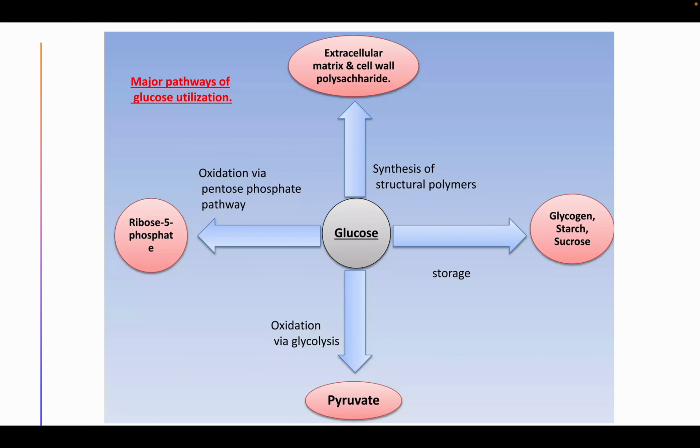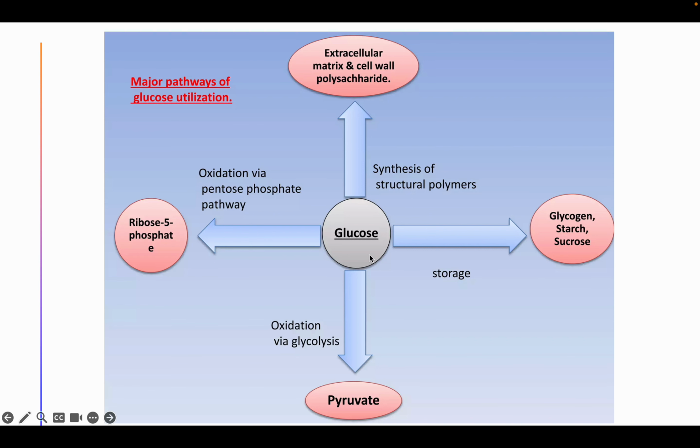So the major pathway, as I have told you, is that glucose can form pyruvate by glycolysis. Glucose can also form ribose 5 phosphate via the pentose phosphate pathway, and this is very important for the formation of nucleic acids. If there is an excess of glucose, it can go to glycogen as the storage form, and starch and sucrose as well.